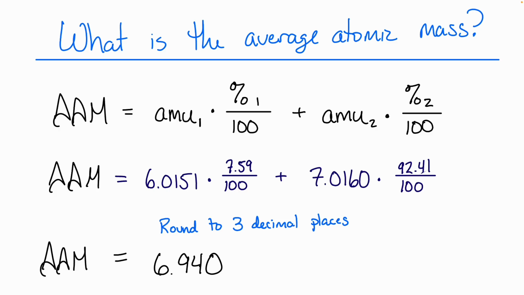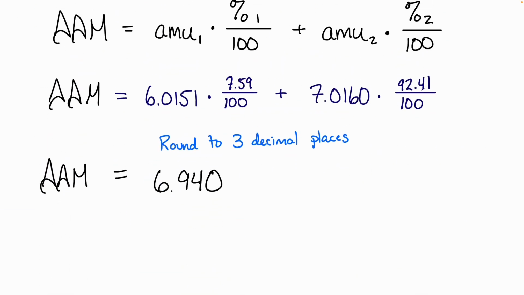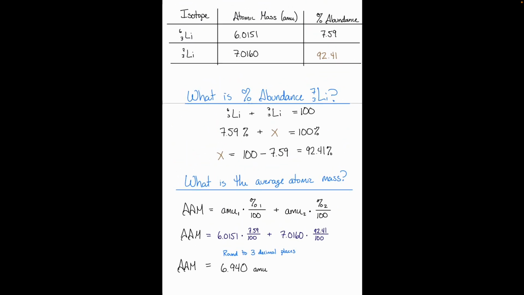What would our units be? AMU, right? Our mass is up here, we're in AMU. So our mass at the end is going to be in AMU. What we did was just calculate the average atomic mass given the different lithium isotopes, their masses, and their percent abundances.